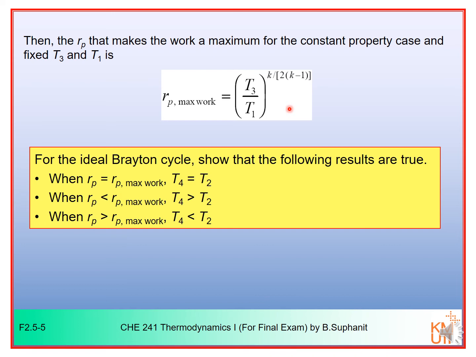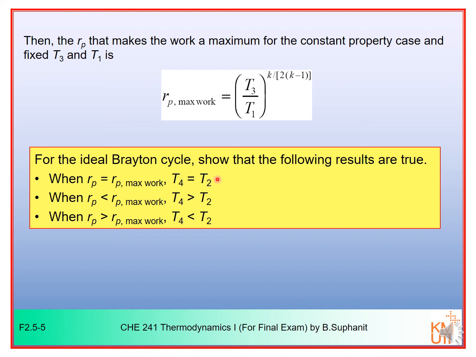Now, for the ideal Brayton cycle, we have the following results as well, which are true. The first one: if Rp equals Rp max work, that gives maximum net work output. The turbine exhaust temperature will be equal to the compressor exit temperature, or T4 equal to T2.